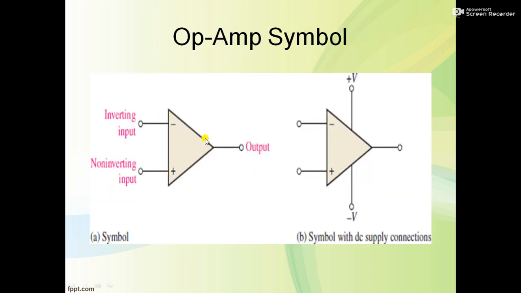So this is the symbol of the op-amp, and this op-amp has two input terminals and a single output, and positive V and negative V. These two voltages are used as a positive and negative supply voltage to operate this particular op-amp.